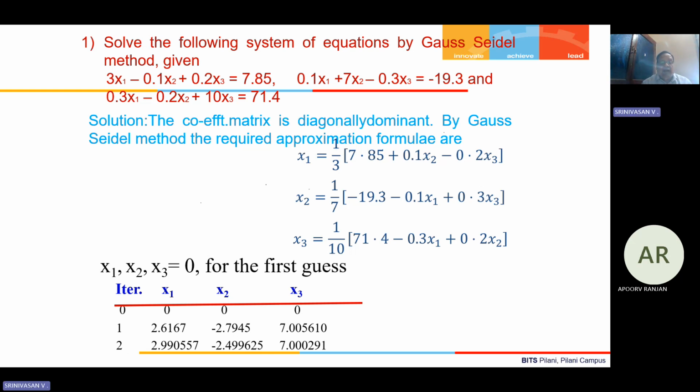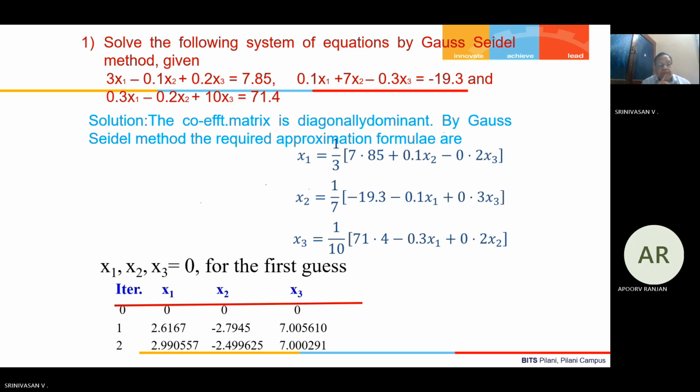You see, look at here. This is of course going 2.6 to 2.9, and this is minus 2.79 to minus 2.4, and this of course is remaining the same. It is 1.4, isn't that?